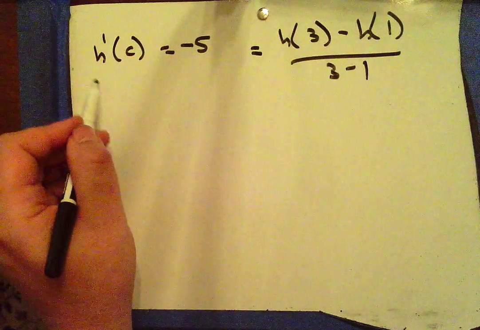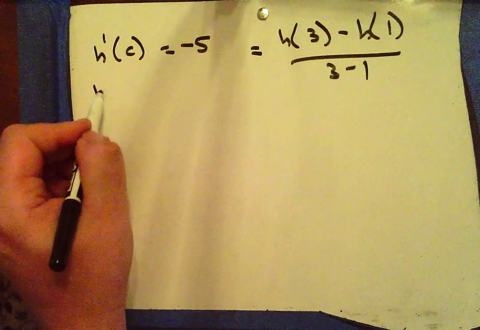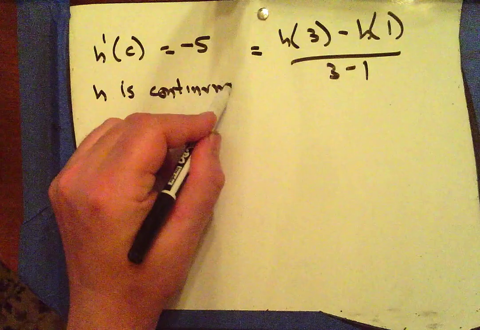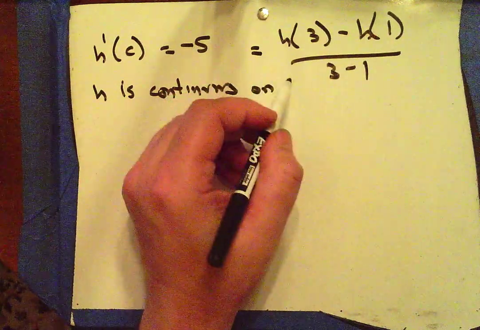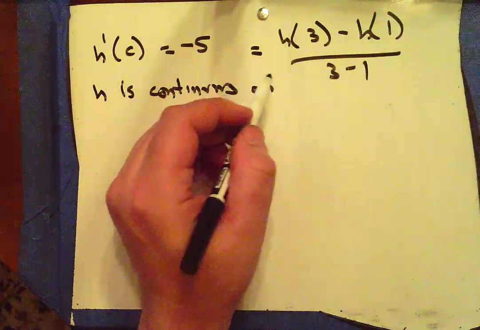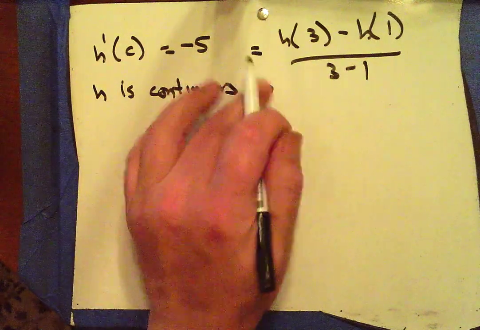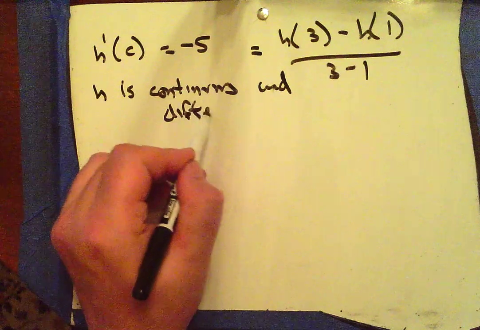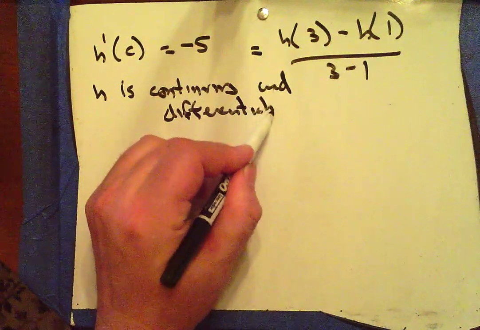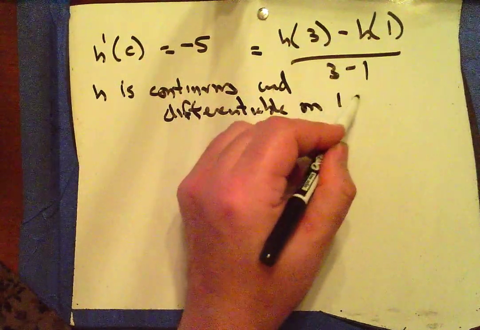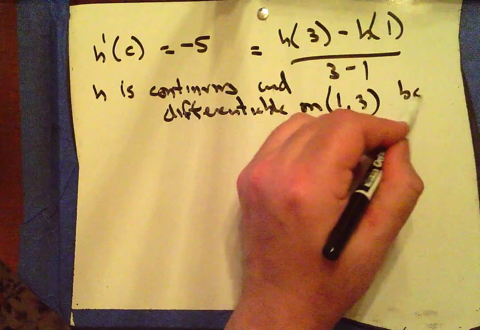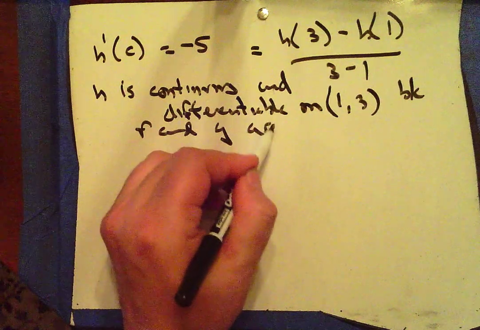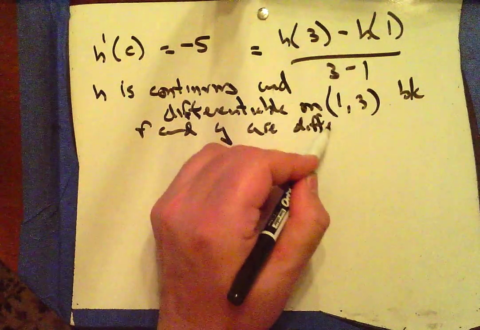We need to address the preconditions, and so we have to say that h is continuous and differentiable on 1 to 3 because f and g are differentiable.